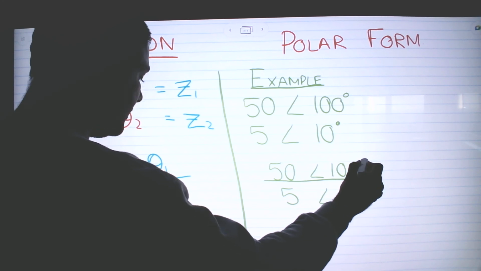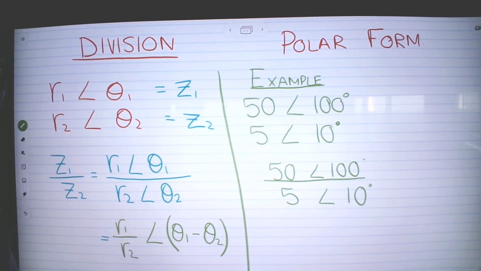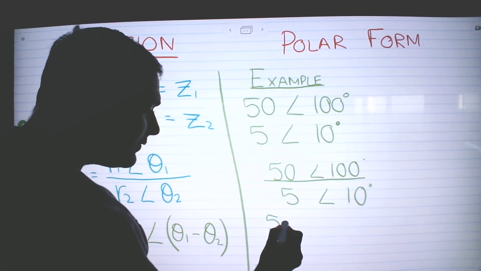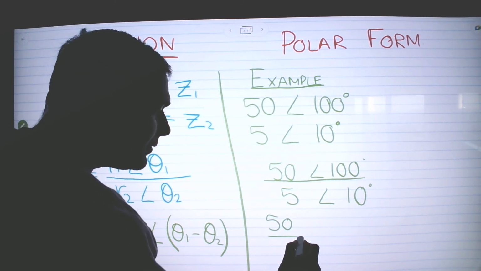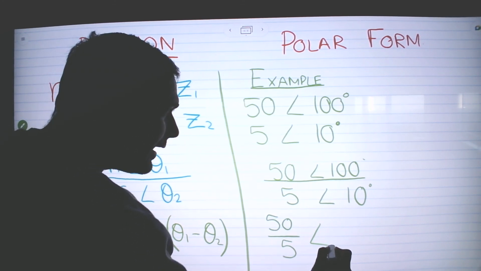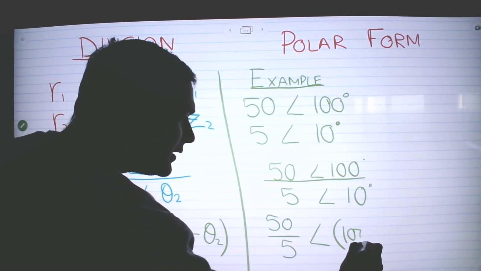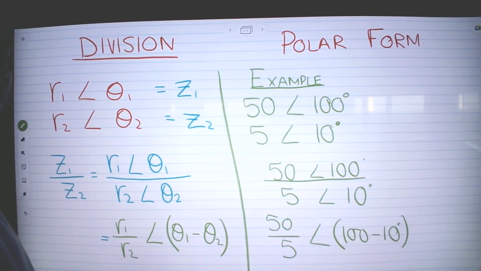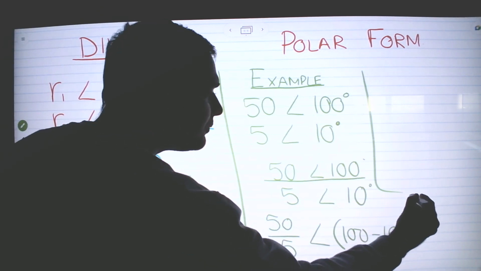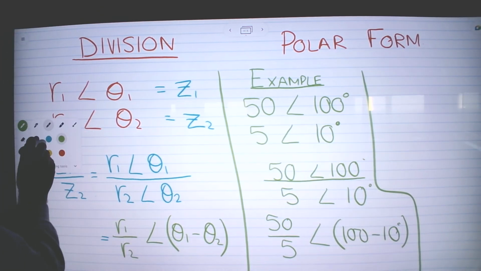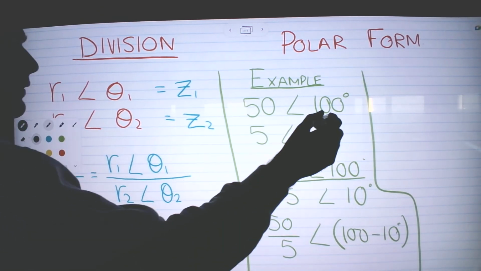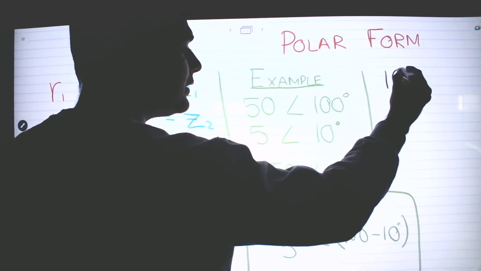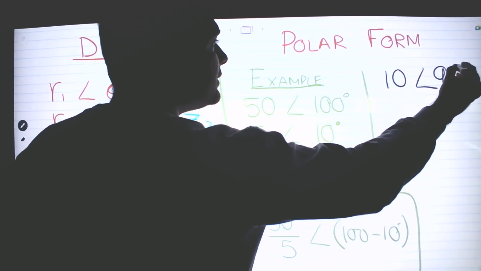But you know the formula: you divide the r values. So 50 divided by 5, angle 100 minus 10 degrees. And what will that give you? That will give you 10 angle 90 degrees.